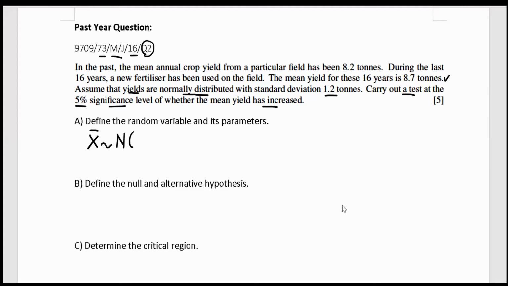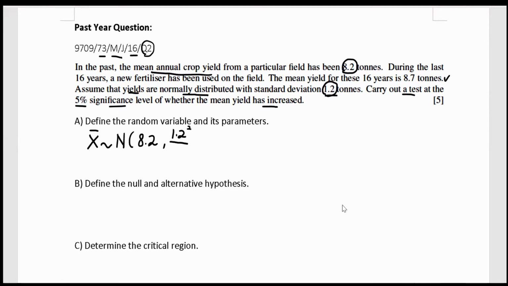Where the mean should be given as 8.2, right? It has been 8.2 tons, the mean annual crop yield. The standard deviation is given to be 1.2, but this place is meant for the variance, so I put a square.